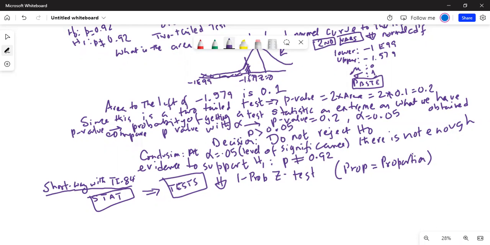My alternate is the fourth line. So bring the cursor to not equal to p0 and hit enter. And then go down to Calculate. So in 1-PropZTest, p0 is the hypothesized value, the null hypothesis value.